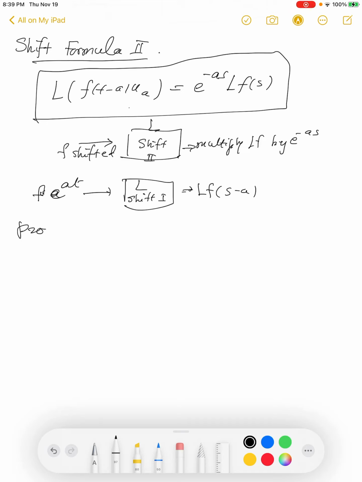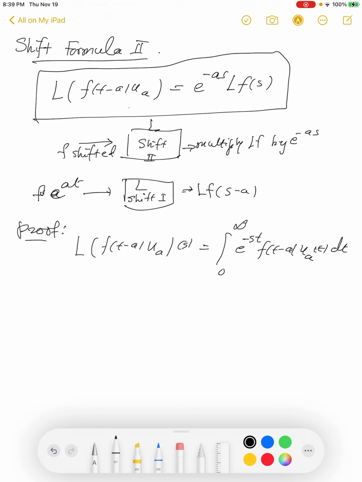Okay, so the proof is not difficult. Let's just calculate what the left hand side is. It is L of f of t minus a u_a at s. By definition, this is the integral from 0 to infinity of e to the minus st times f of t minus a times u_a of t dt.